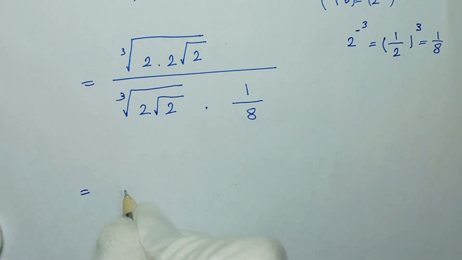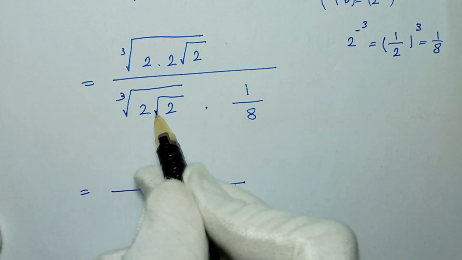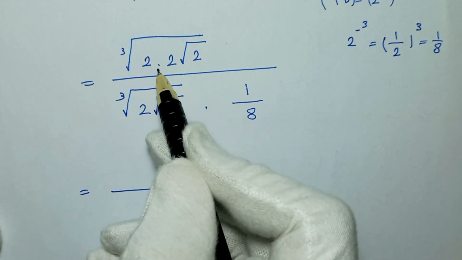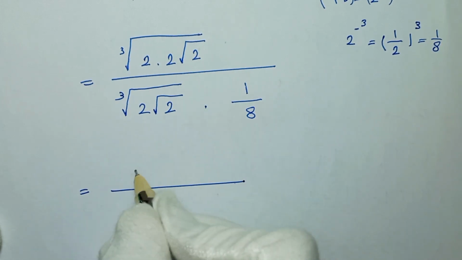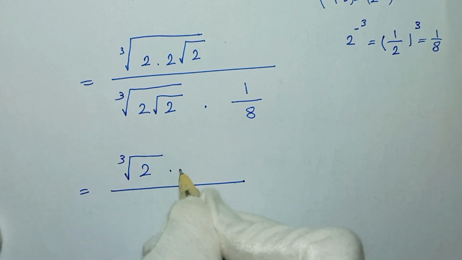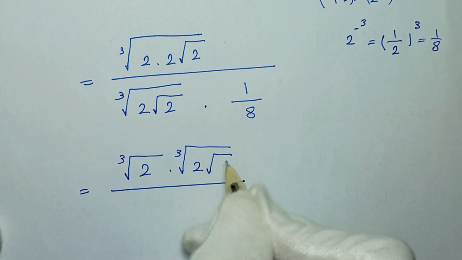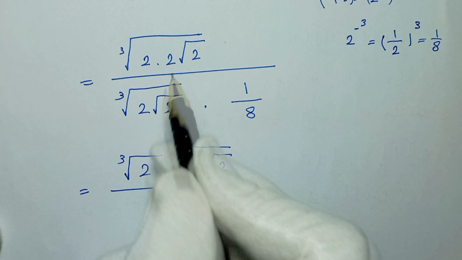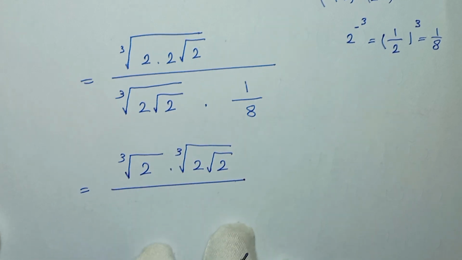and is equal to, in here we have cube root of 2 times square root of 2, and in here we have cube root of 2 times the square root of 2. So we can write this as cube root of 2 times cube root of 2 times square root of 2. We separate this and this. Cube root of 2 times cube root of 2 times square root of 2.